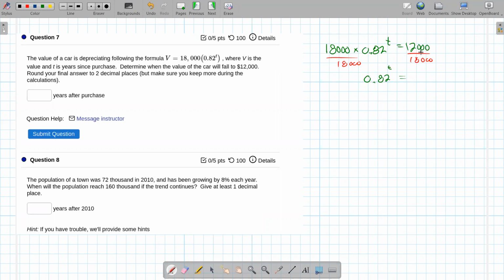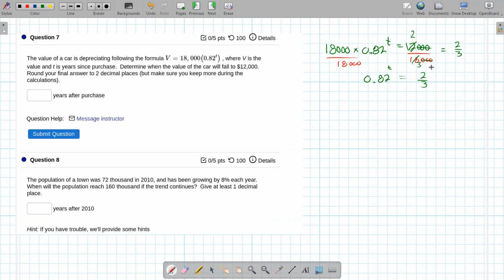And do you have to reduce this? The answer is no, but I can see I could divide top and bottom by 1,000. And then let's see, 6 goes into 12 twice, into 18 3 times. So if you see it reduces it, but it's not a big deal if you don't. I'm not going to put that in as a decimal because then I'll have to round and round again.